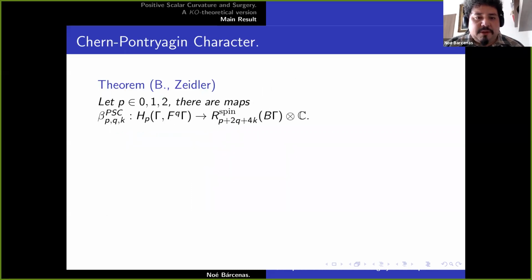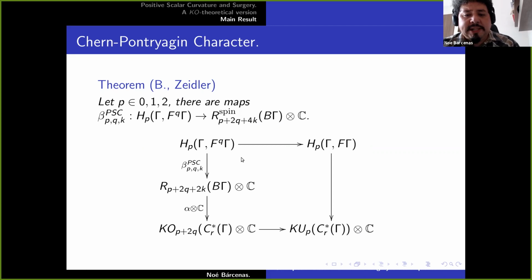How do they play? So this is the main theorem. For P equals 1, 0, or 2, there are maps constructed just by putting the Mattei construction over there, from the group homology with these coefficients into Rn of these specific parameters, which fit into the following commutative diagram.